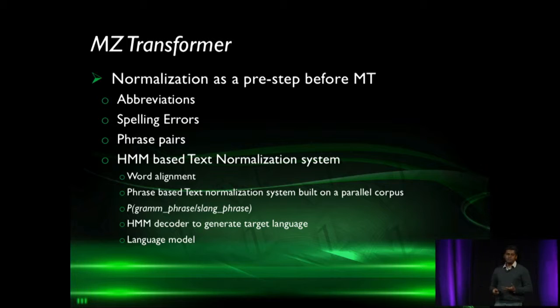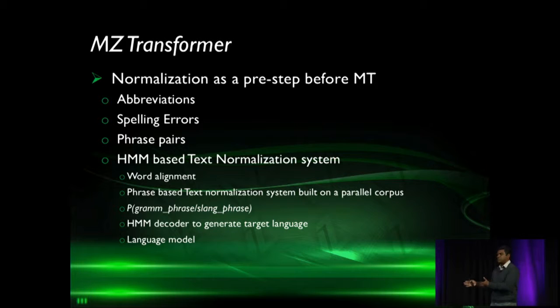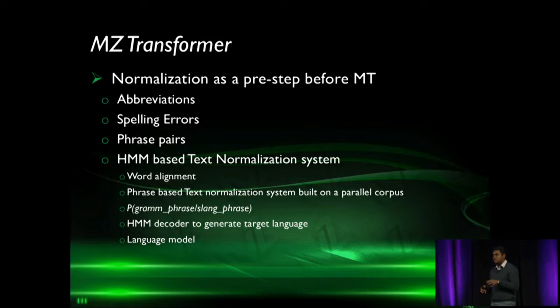And we build a hidden Markov model-based normalization system on this data set. So we align certain words and phrases. We learn that this particular slang phrase corresponds to this particular grammatical phrase. If you think about hidden Markov model systems, it's essentially a generative model where you have state transitions, and each of these words has a probability of a grammatical phrase given a slang phrase.